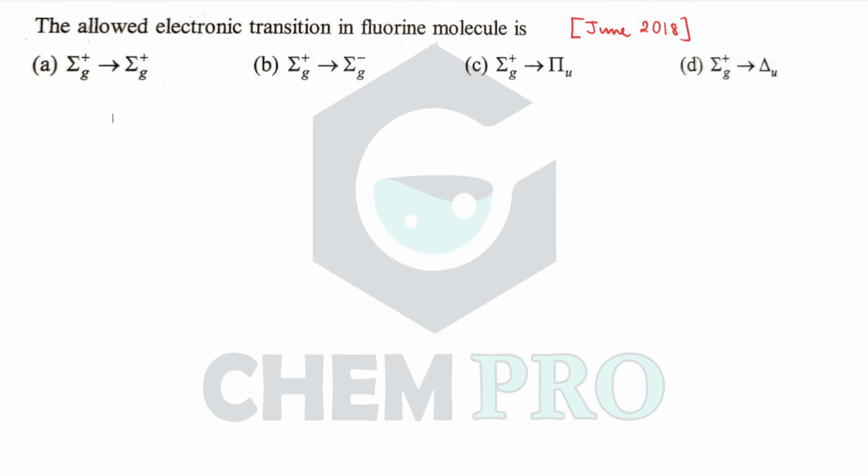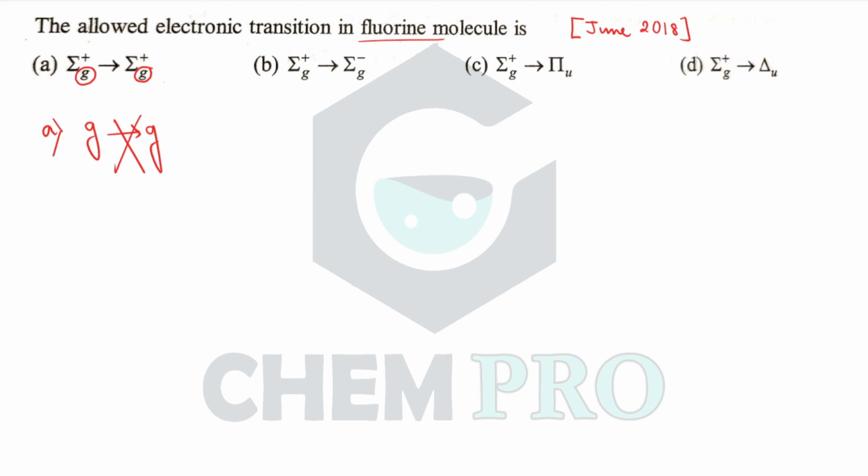Now this is an important example from the June 2018 CSIR NET exam, and the question says: what is the allowed electronic transition in the fluorine molecule? So in the given options, in the first option the transition is G to G, but a G to G transition is not allowed.